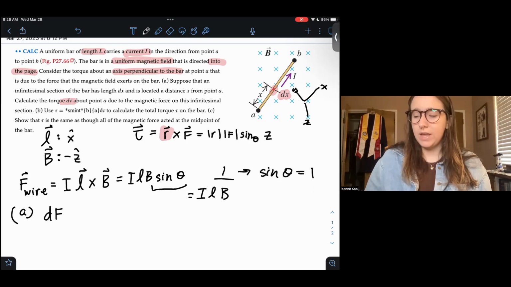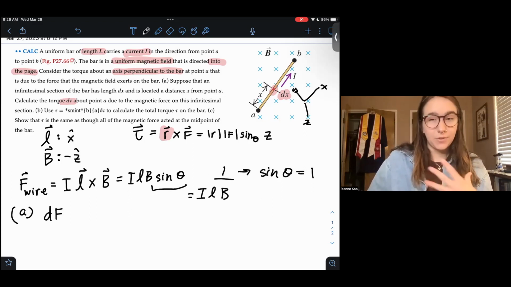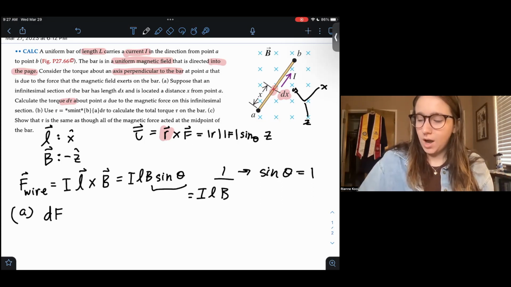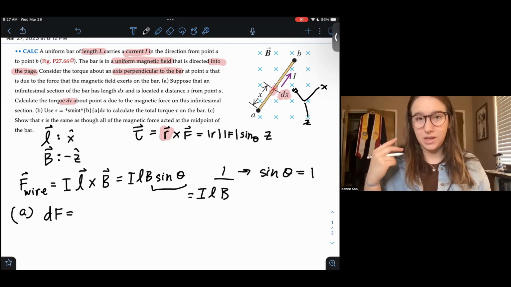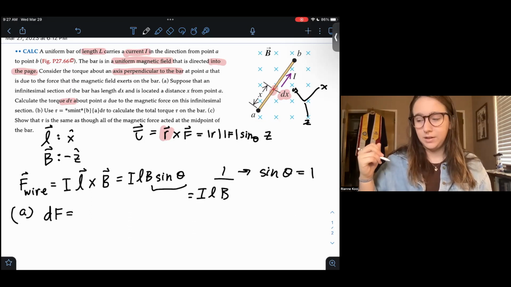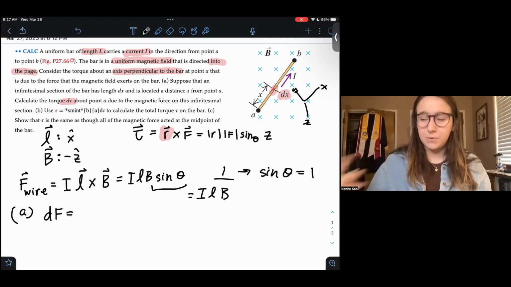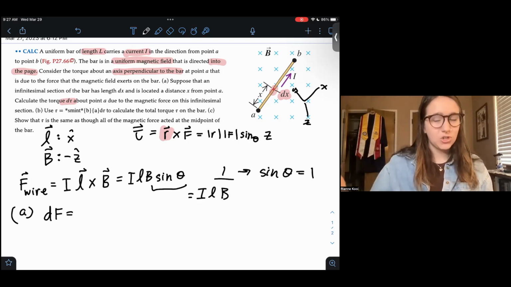So now we have to think about our dF, and what is changing in our equation to find the dF at this particular dx. It already says in the problem that it has a current I. So we know that it can't be I because it has a constant current I, and that is going to be true most of the time. B says that it's a uniform magnetic field, so that's not changing at all either.